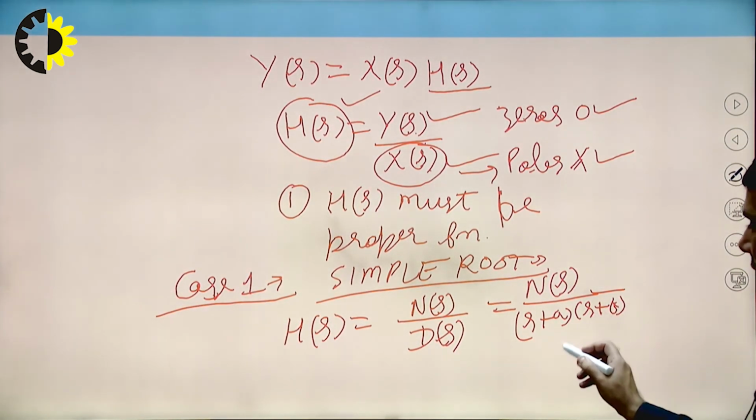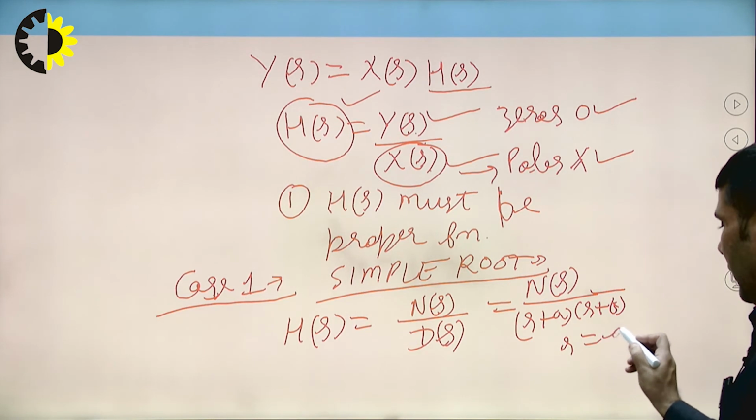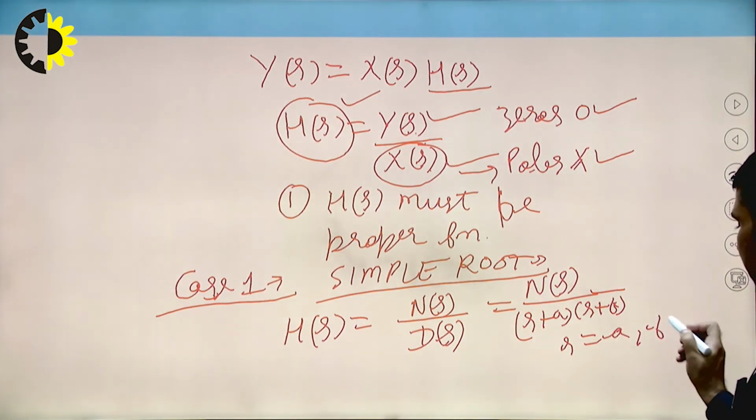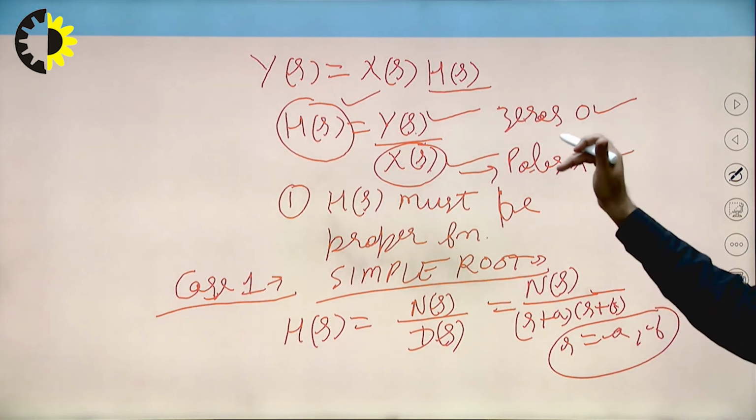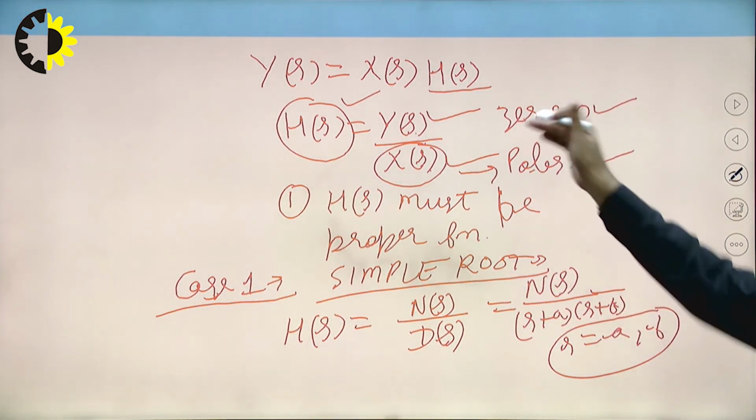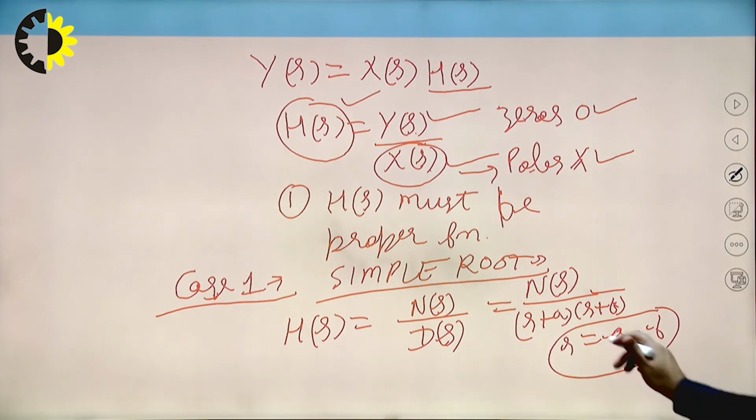The poles are at s is equal to minus a and minus b. Okay. At poles the function value becomes infinite, at zeros the function value becomes 0. So s is minus a and minus b.